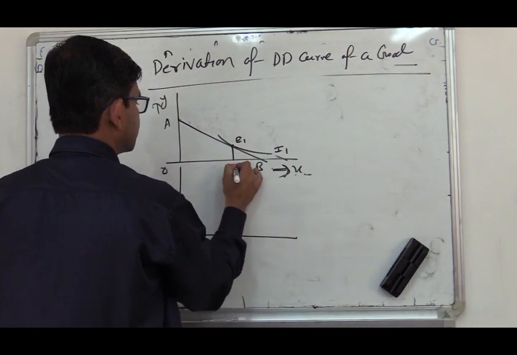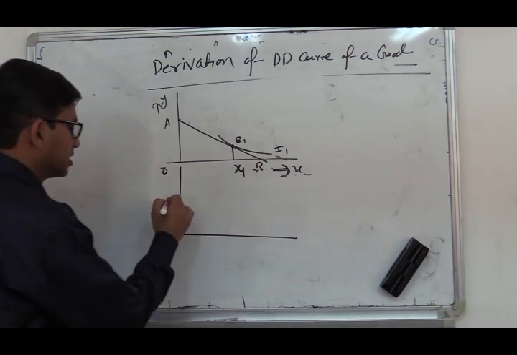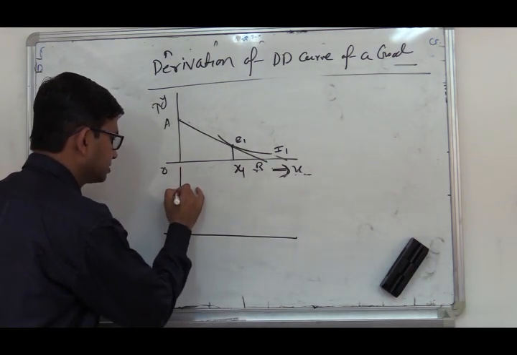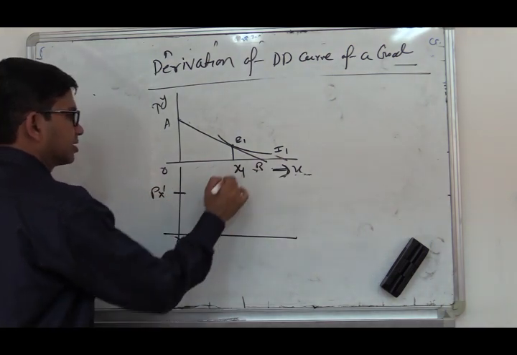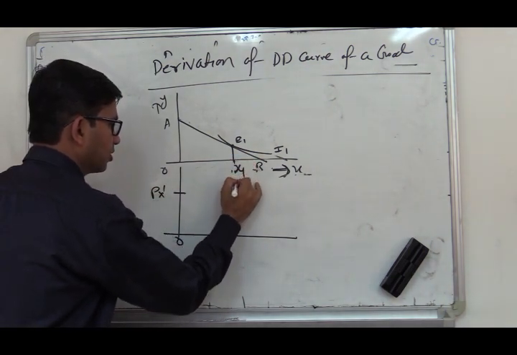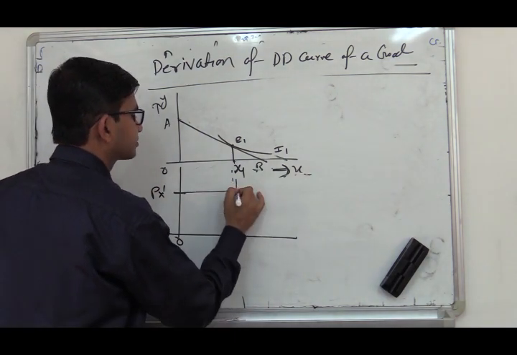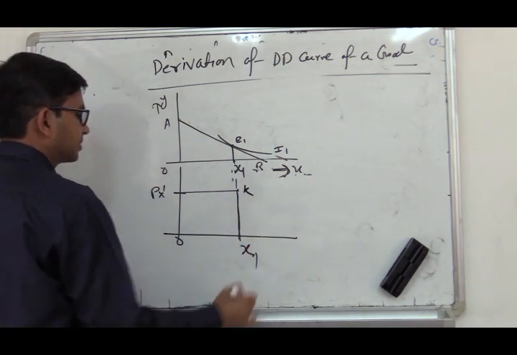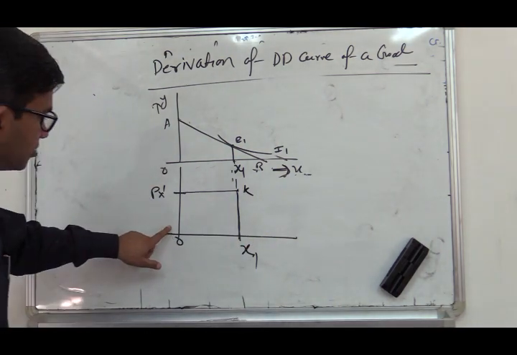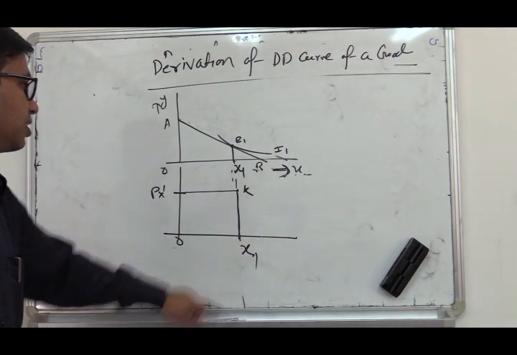So the consumer consumes X1. So here what do you see? That if the price is OPX1, the consumer is consuming X1; we plot this in the lower diagram and we will get this point K, which represents that, other things remaining constant, the price is OPX1 and the demand for X will be OX1.